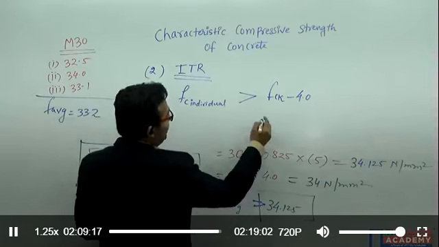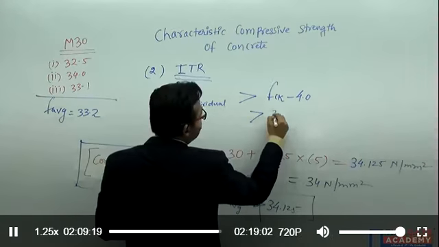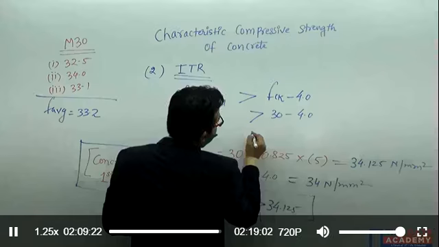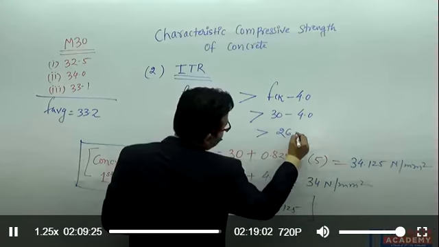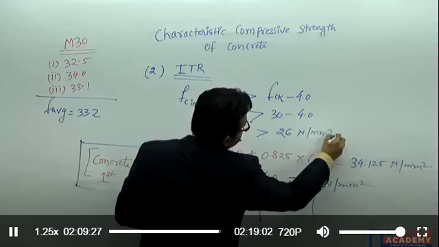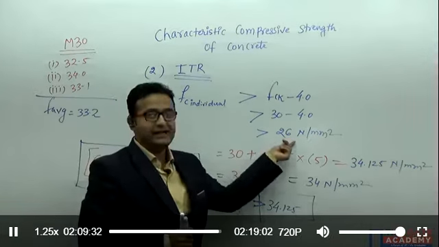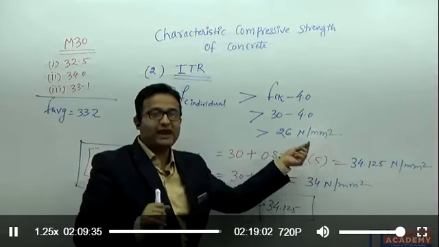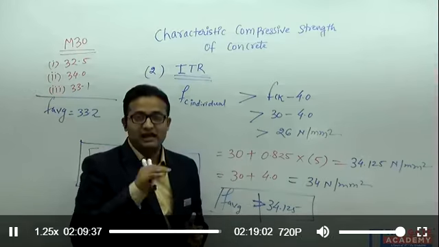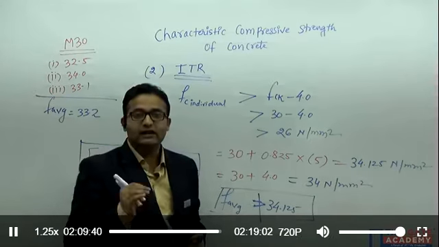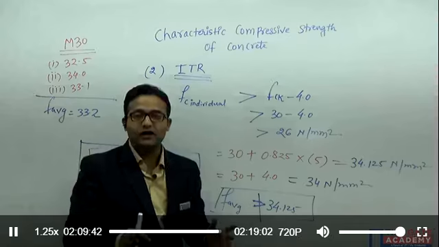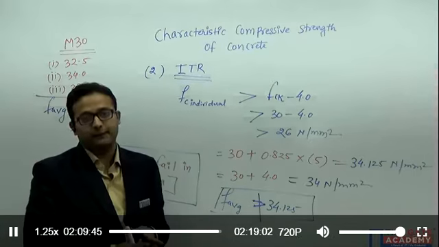So here fck is for M30 grade, so 30 minus 4 is equal to 26 Newton per mm square. That means all the cubes should give me a strength greater than 26 Newton per mm square. If any of the cubes gives strength less than 26 Newton per mm square, the concrete you have prepared shall not be accepted.